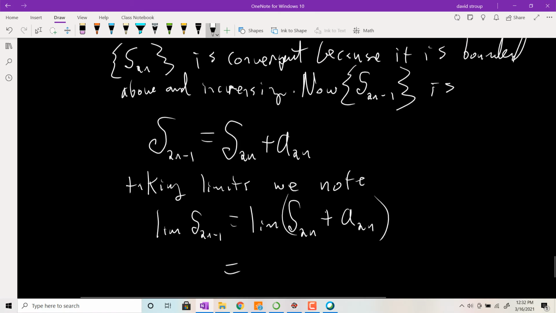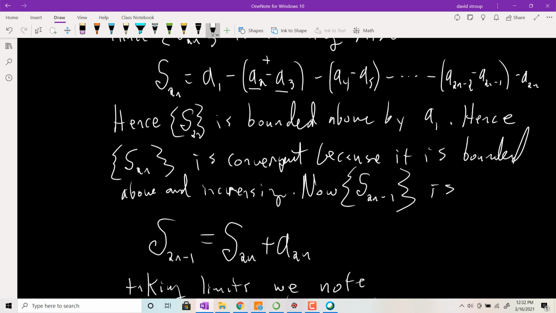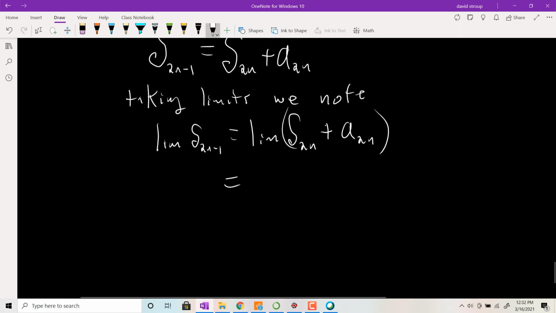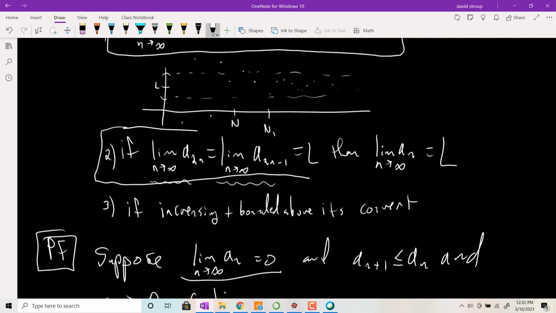And we showed the limit of s sub 2n has to exist because s sub 2n, the sequence of partial sums, is convergent. In particular, we know a sub 2n goes to 0 from our assumption, so we just end up with the limit of s sub 2n, which we know converges to some number L. So the limit of s sub 2n and the limit of s sub 2n minus 1 equal the same thing, which is the second lemma.